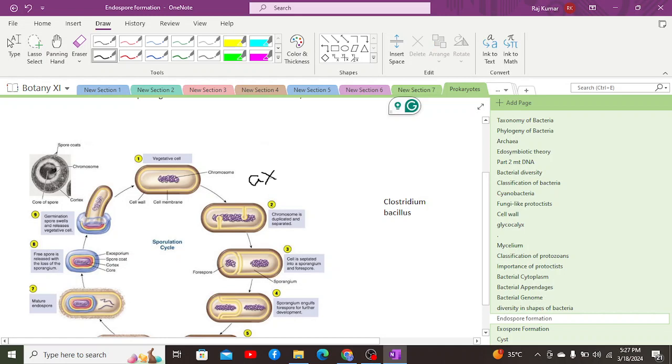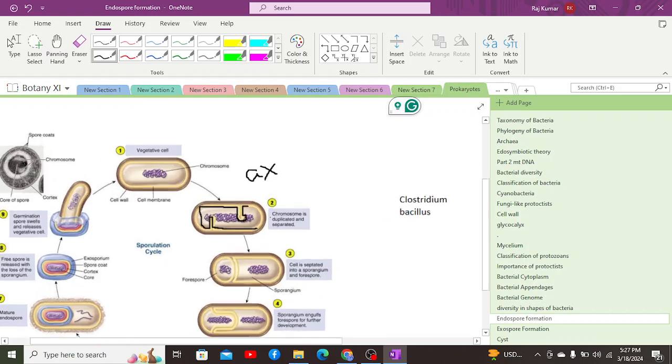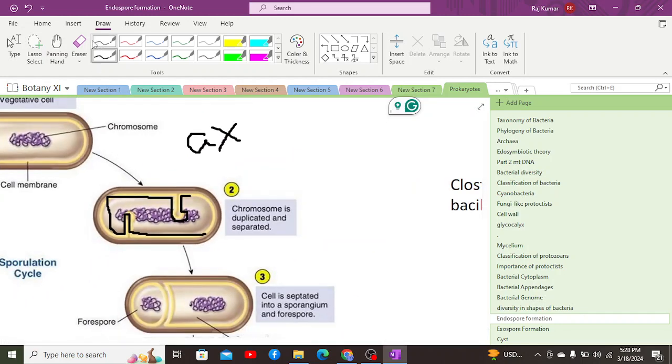Axial filaments are formed by the invagination of the plasma membrane into the cytoplasm.